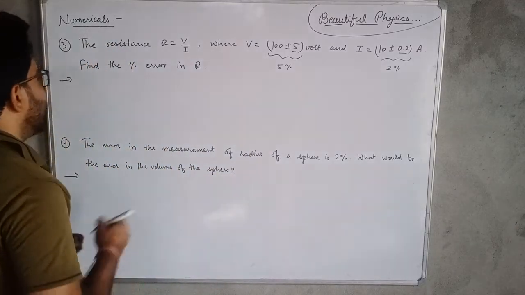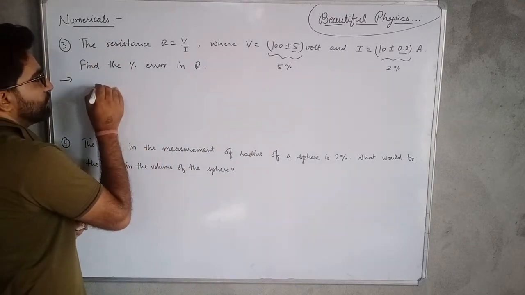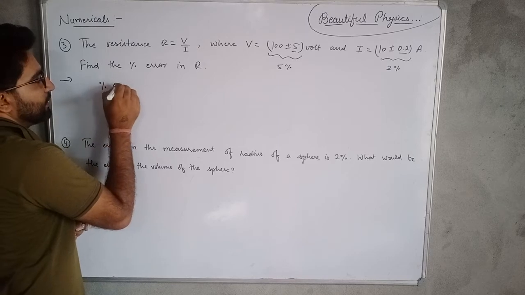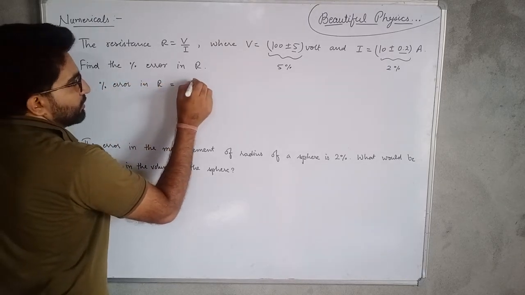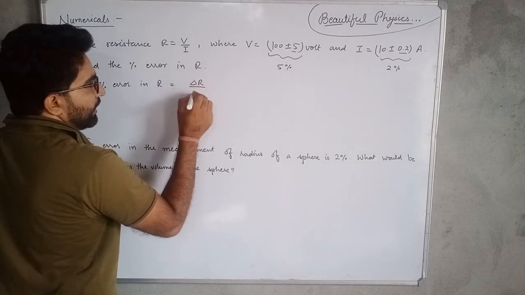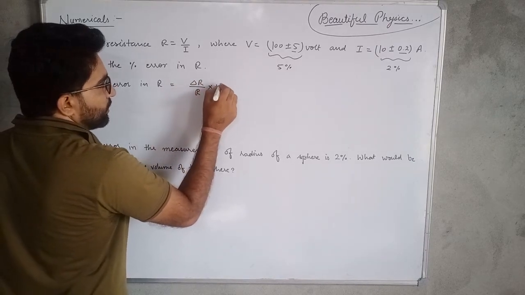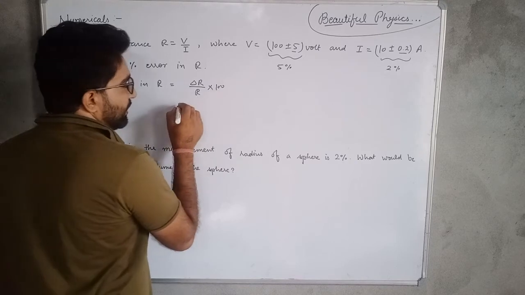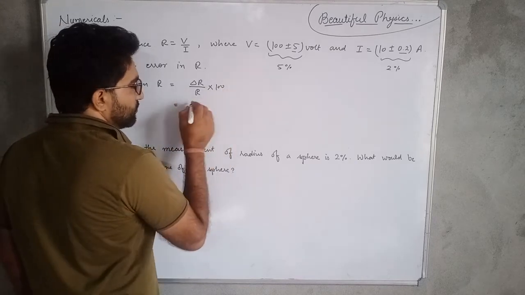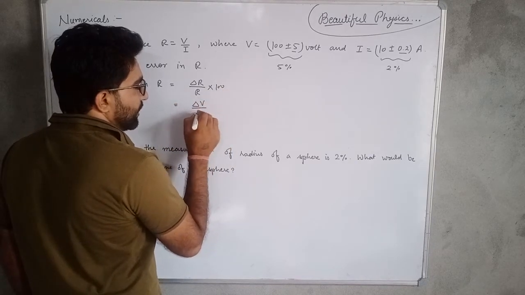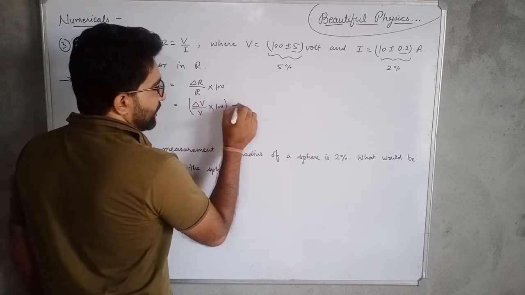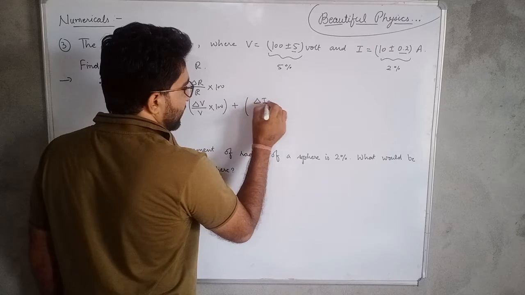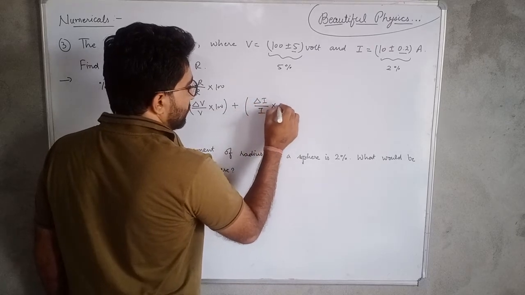So the percentage error in R will be equal to delta R by R into 100, which equals delta V by V into 100 plus delta I upon I into 100.